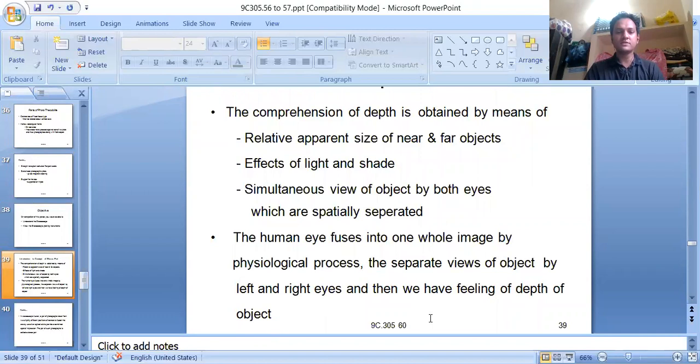The human eye fuses it into one whole image by a psychological process. The separate views of the object by left and right eyes give us a feeling of depth of the object. So we have different images when we see with the two eyes. Our brain will fuse them and will give us a single picture. It is nothing but photogrammetry.